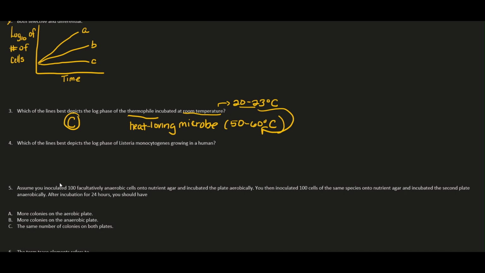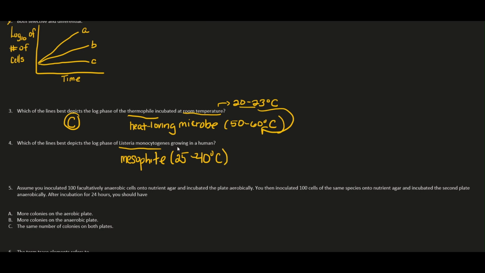Number 4. Which of the lines best depicts the log phase of Listeria monocytogenes growing in humans? So, Listeria is a mesophile. And its optimal temperature is 25 degrees to 40 degrees Celsius.